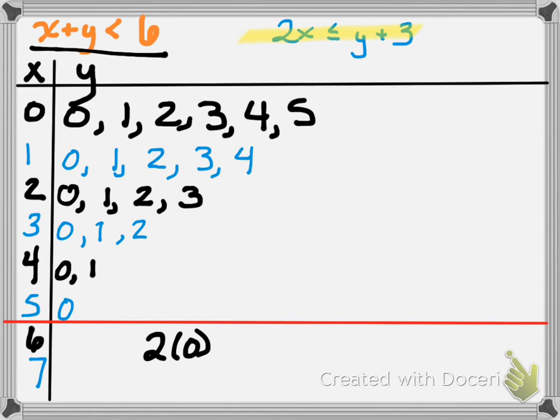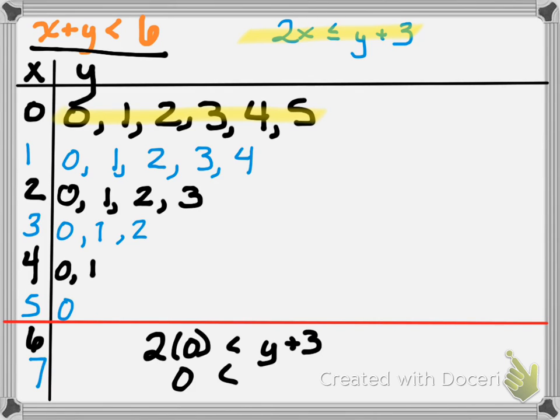So 2 times 0, that's 0, has to be less than y plus 3. So, in that case, is 0 going to be less than whatever I put over here? So these all would be possible solutions.